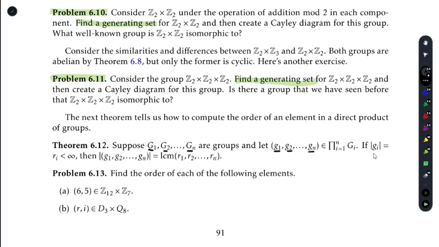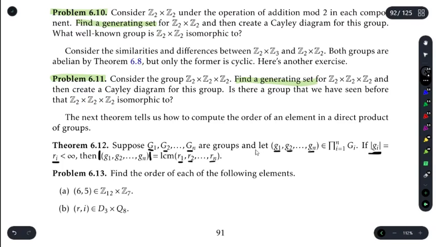If we call each of the orders Ri, it's really easy to lose track of what these R's are when reading the theorem for the first time. It's just the order of this element; we just didn't want to write the bars every time. Then the order of this new element in the direct product is just the least common multiple of the individual orders of the individual elements.